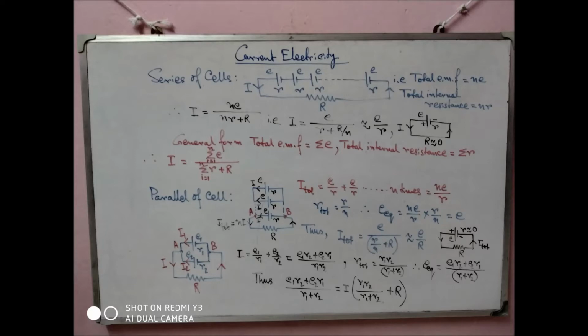A very easy example: suppose each resistance is 1 ohm and there are 100 resistances. So what is the total? 1 by 100 means 0.01. If it is 1 lakh or 1 crore, then it is very small, 0.00000 like this. So ultimately it behaves like a single cell without any internal resistance, and only the external resistance, or load, is there, which is bigger.